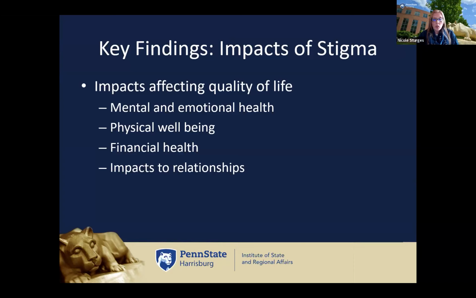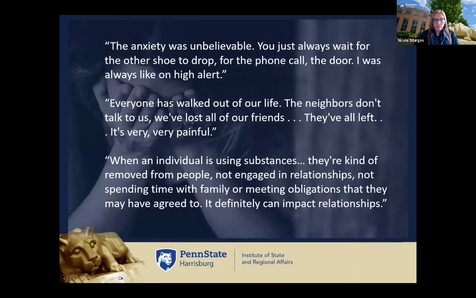This included disagreements about care and support for their loved one, judgment and blame, strains on marriages, and social isolation. This slide highlights some of the impacts described by participants, including unbelievable anxiety, devastating loss of friends and neighbors, and disconnecting from family members, all because of stigma.